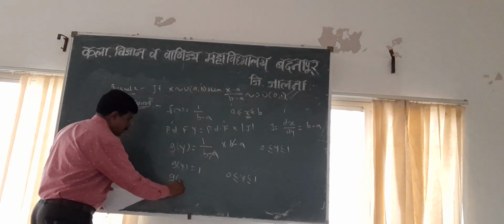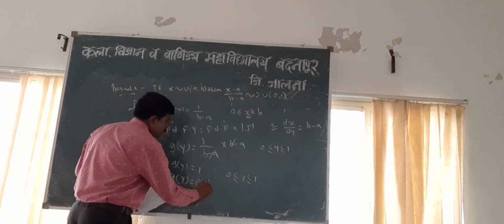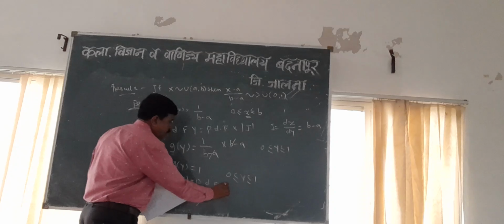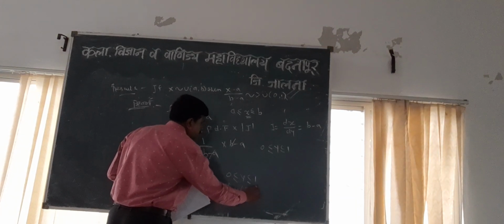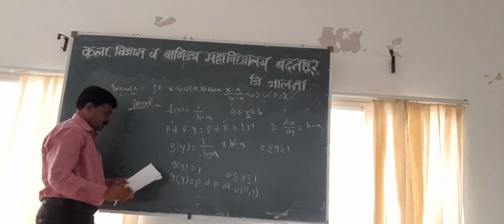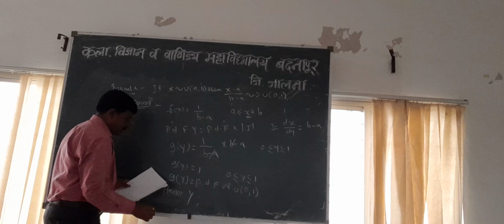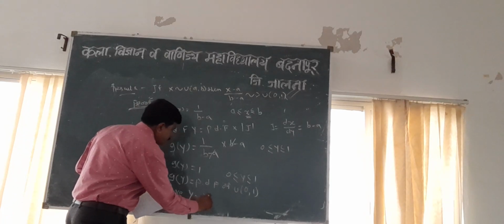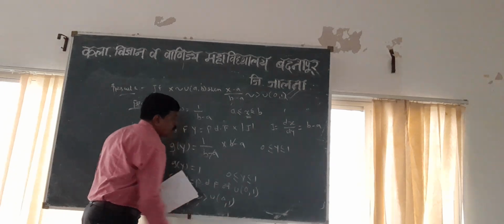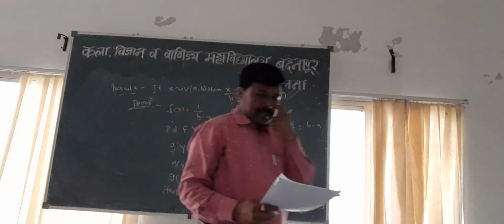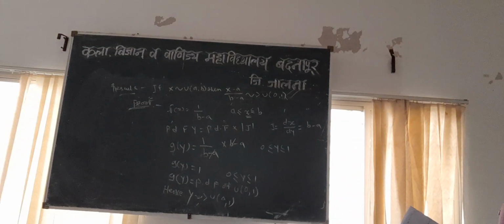Therefore g of y, the probability density function, is that of the uniform distribution with interval 0 to 1, and hence we have proved this property.